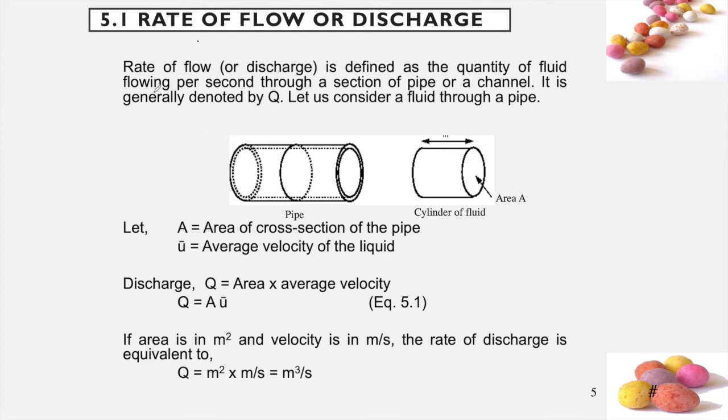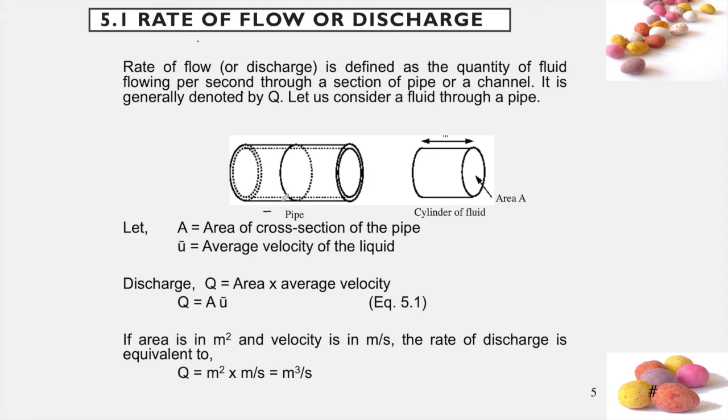Rate of flow or discharge is defined as the quantity of fluid flowing per second, in meter cubed per second, through a section of pipe or channel. It is generally denoted by Q. Let us consider a fluid flowing through a pipe.